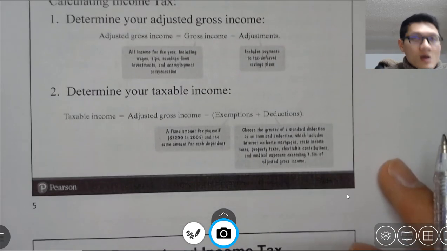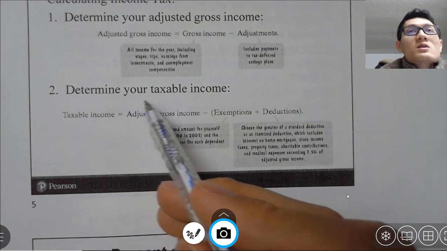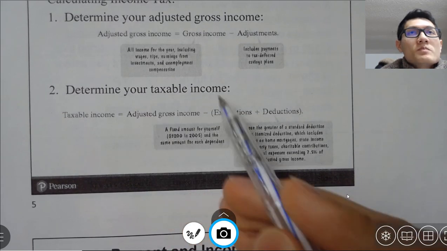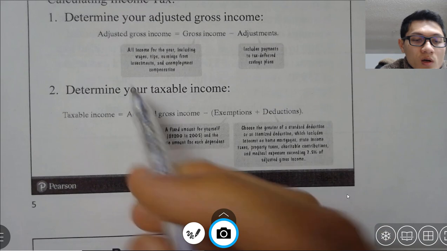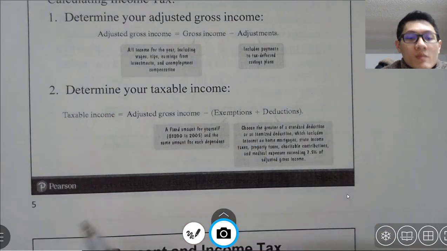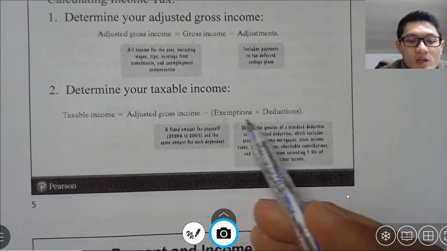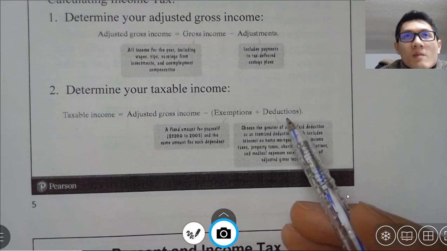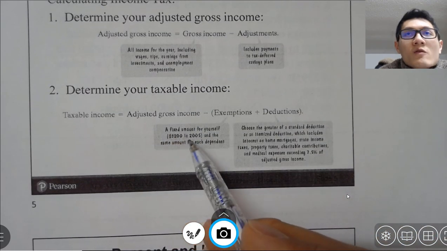Next, the next step is to determine your taxable income. Your taxable income is equal to the adjusted gross income that you got from the first step, minus the summation of the exemptions and deductions. Exemptions could be a fixed amount of money for yourself.